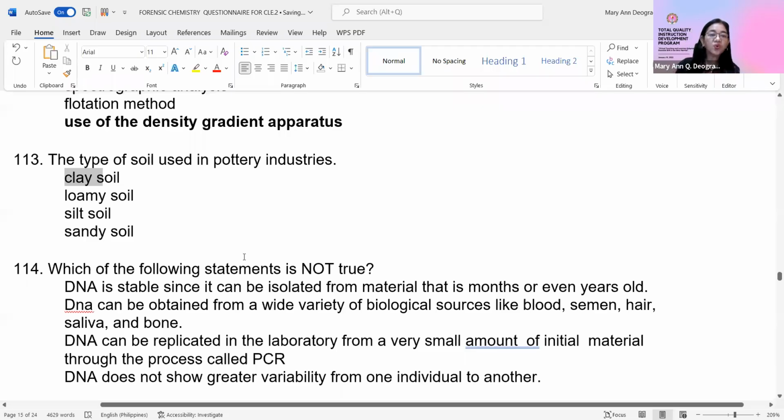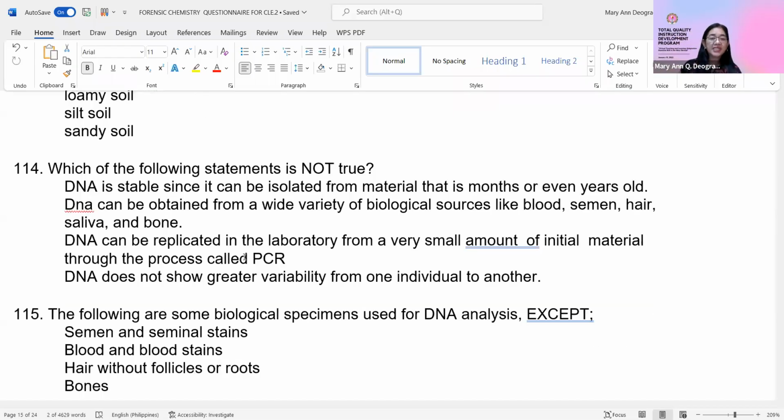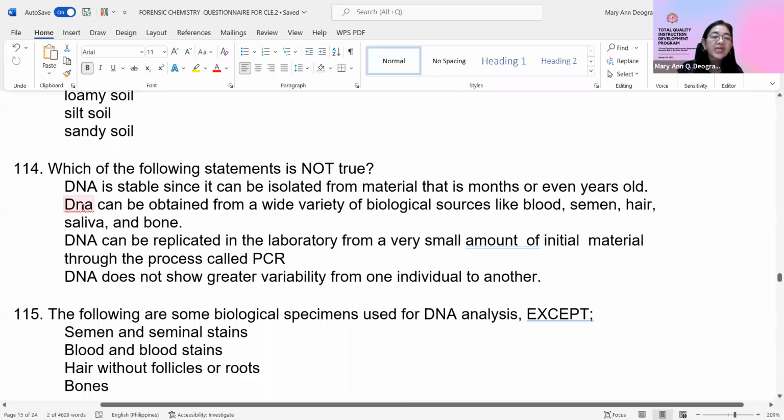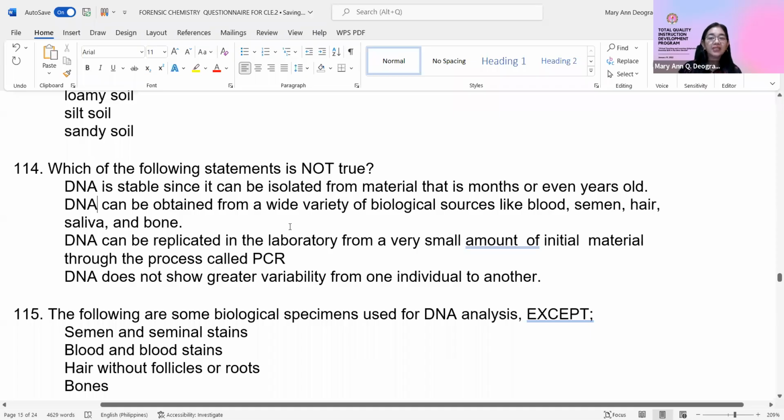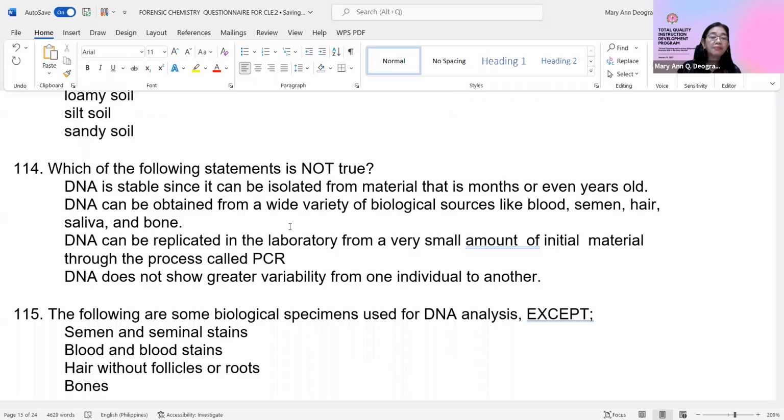Alright, so DNA tayo. Which of the following statements is not true? DNA is stable since it can be isolated from material that is months or even years old. DNA can be obtained from a wide variety of biological sources like blood, semen, hair, saliva, and bones. DNA can be replicated in the lab from a very small amount of initial material through the process called PCR.